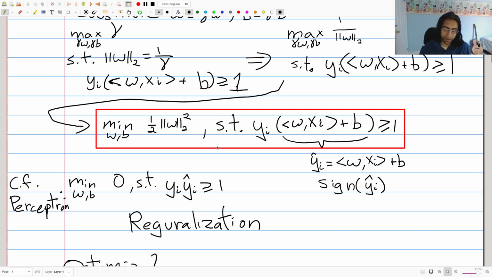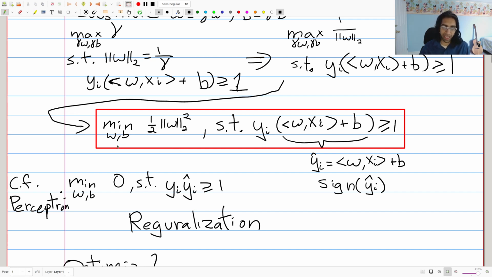The gist is that every optimization problem, while perfectly fine, is not always the easiest to solve for various reasons. And sometimes by looking at another equivalent optimization problem, we can get insight into what's going on, maybe solve it a bit more easily.